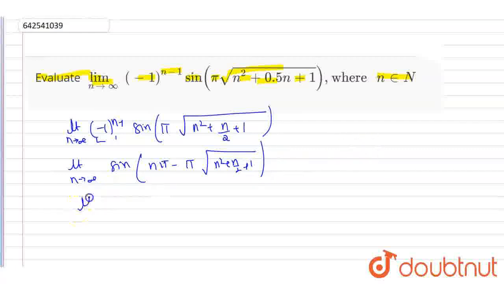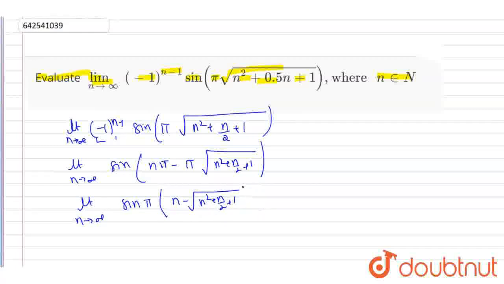On solving this, we will have the limit as n tends to infinity of sin, and we can take pi common, so we have sin pi times (n minus under root n square plus n by 2 plus 1).